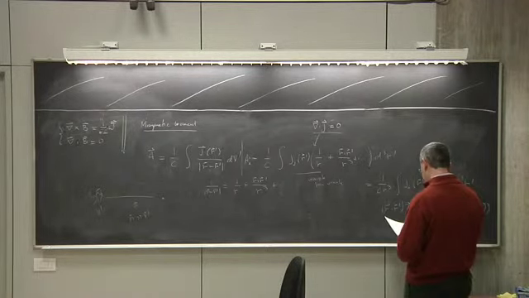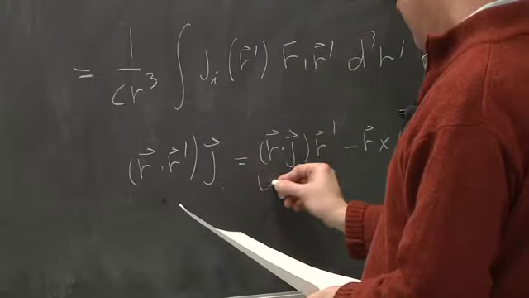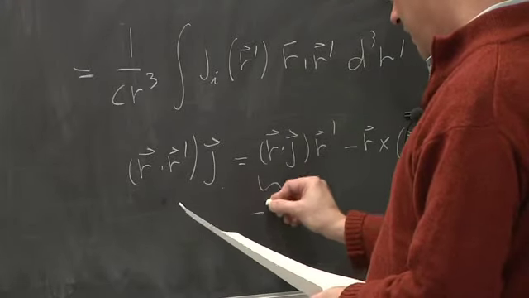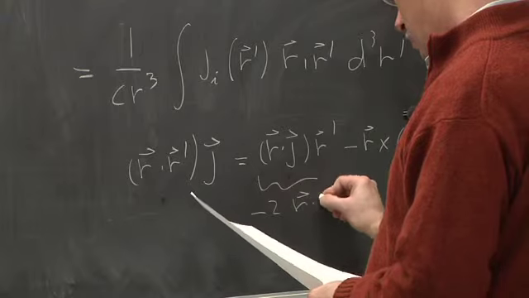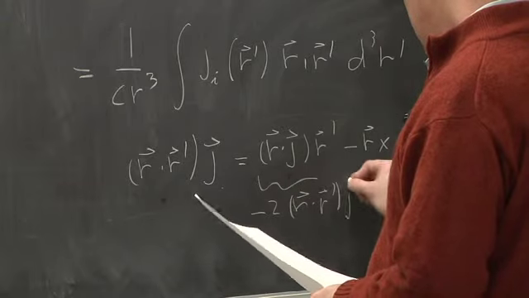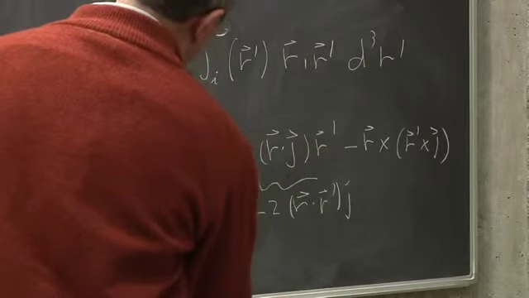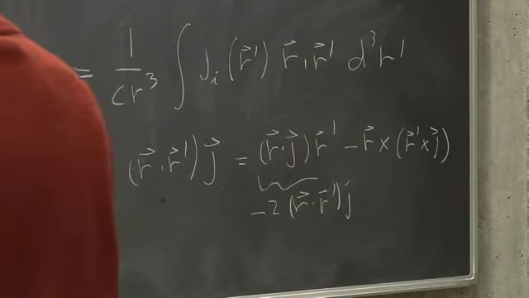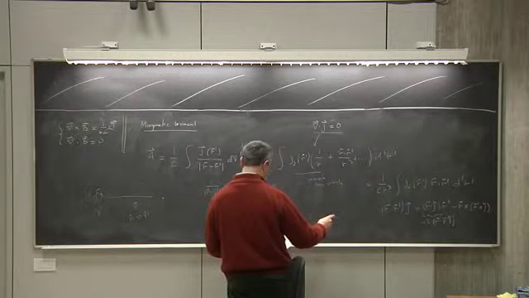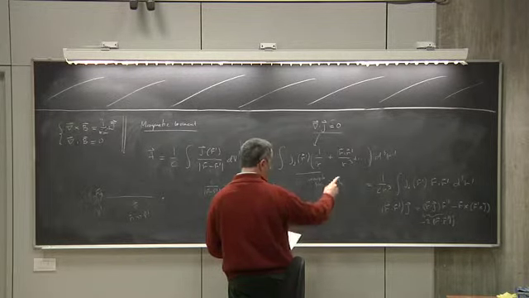Because under integration, this one becomes minus 2 R dot R prime J, so that it can be taken on the other side to produce a common factor.